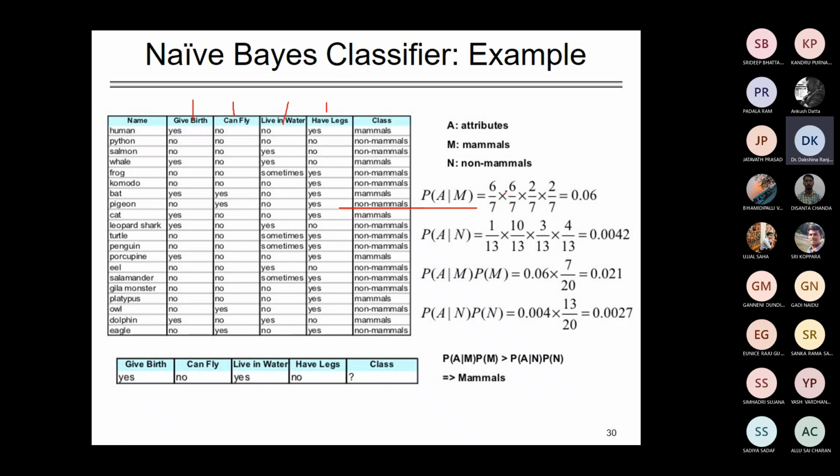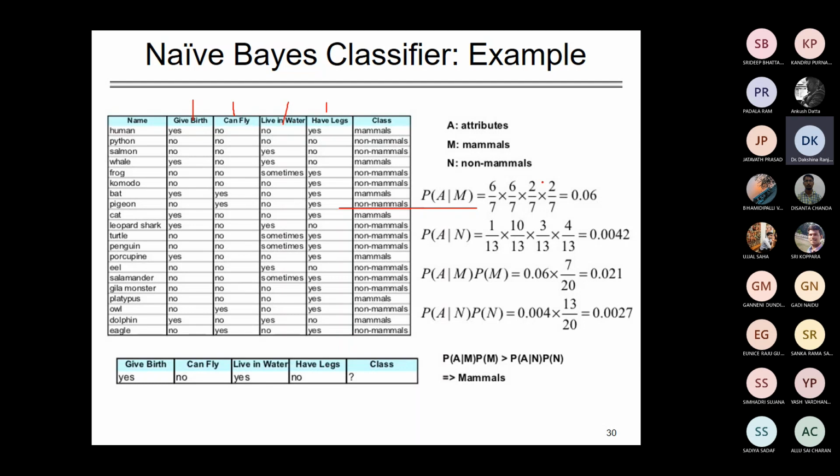And live in water: how many mammals live in water? Out of 7 we can see two such mammals who can live in water, and out of 7, how many mammals have no legs?